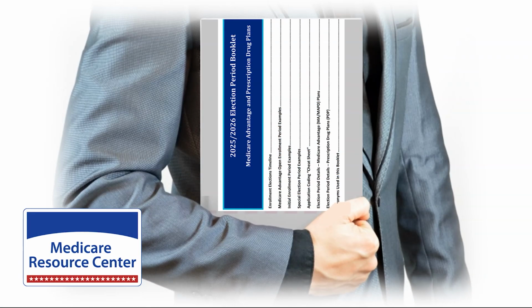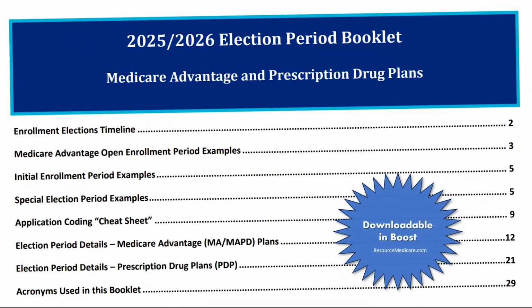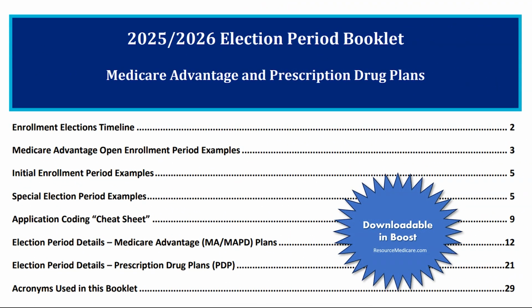Now, there's a very useful tool that you should carry with you at all times. It's called the Election Period Booklet. And this is downloadable in Boost. It's something that you should have on the hard drive of your computer or be carrying with you in your toolkit on every one of your appointments. Now, I like to use the one that United Healthcare provides, but other insurance companies provide them too.